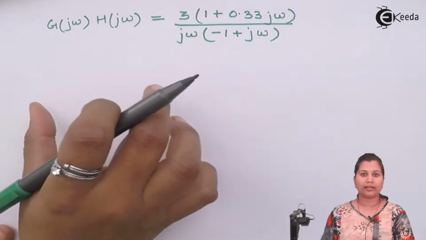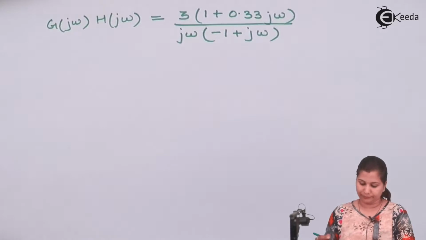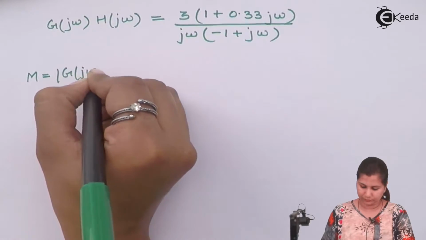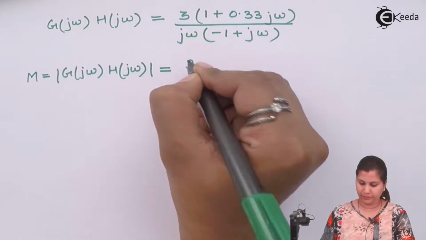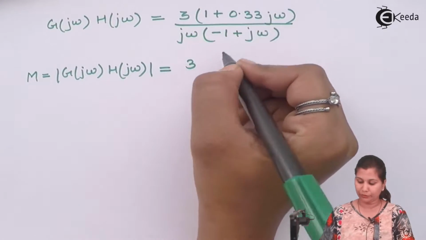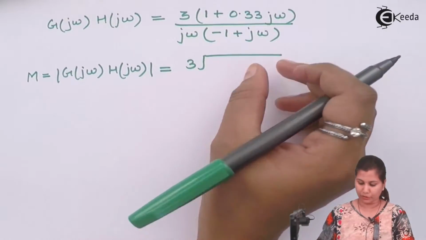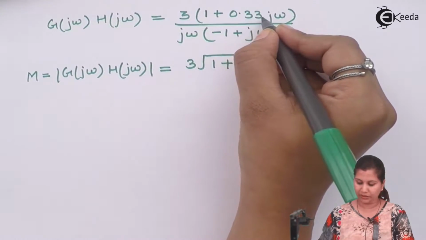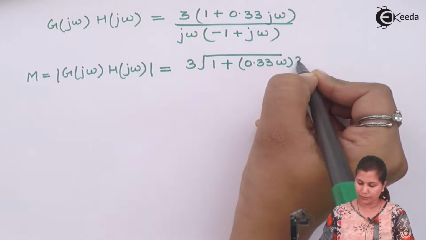Now we are going to calculate the magnitude and phase angle of this transfer function. So we have magnitude, three is as it is. Then we have this as a complex number, so its magnitude will be under root of real part square plus imaginary part square. So real part is 1, its square will be 1, plus we have 0.33 omega as the imaginary part, so (0.33 omega) square.